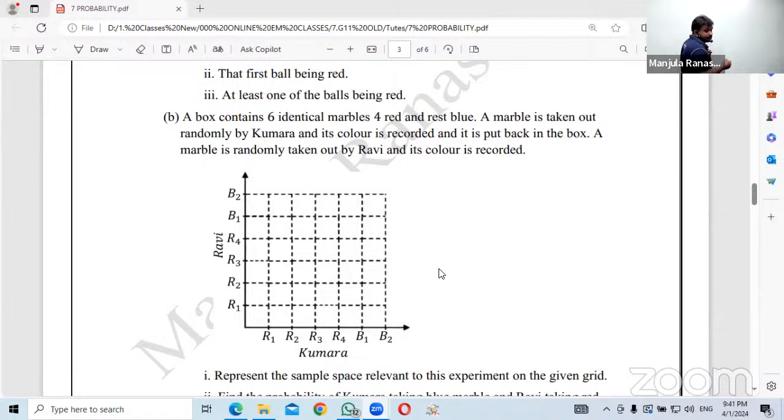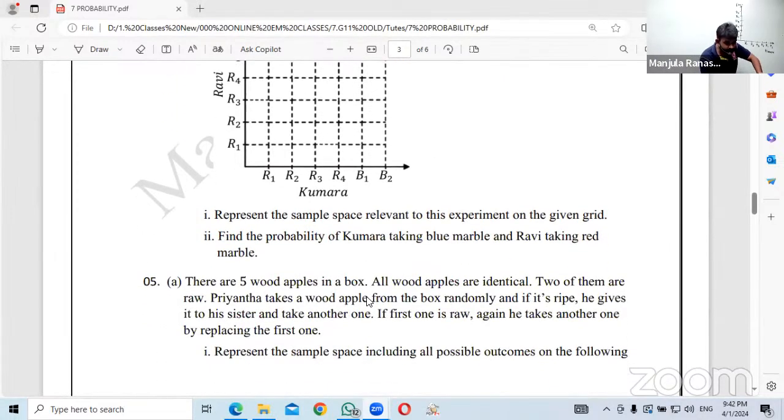Now when we draw the diagram for this: here R1, R2, R3, and here R4, and here B1 and B2. And here also R1, R2, R3, R4, B1, B2. Here the first row is Kumara, and here we have Ravi. Now see, represent the sample space relevant to this experiment on the grid.